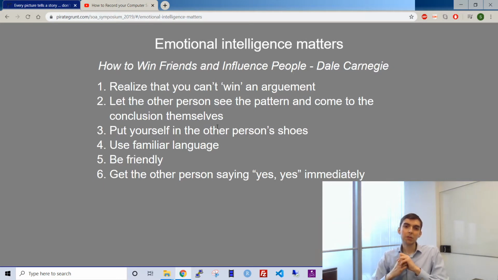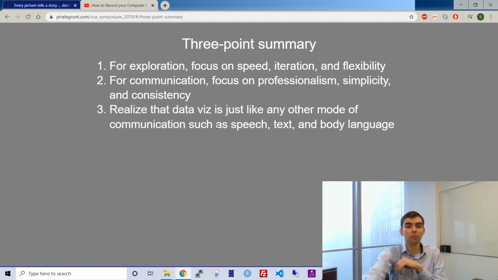And then get the other person agreeing with you. Reinforce. Find ways of tapping into their existing knowledge. These are all just basic sales techniques, emotional intelligence techniques. When you interweave these into your data visualizations, you tell convincing stories, you will find that the impact of your results will drastically improve.